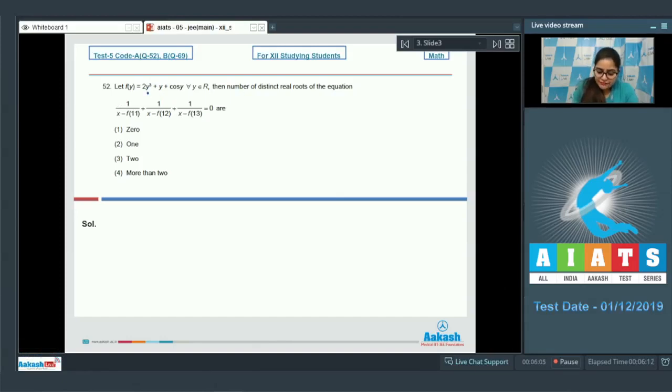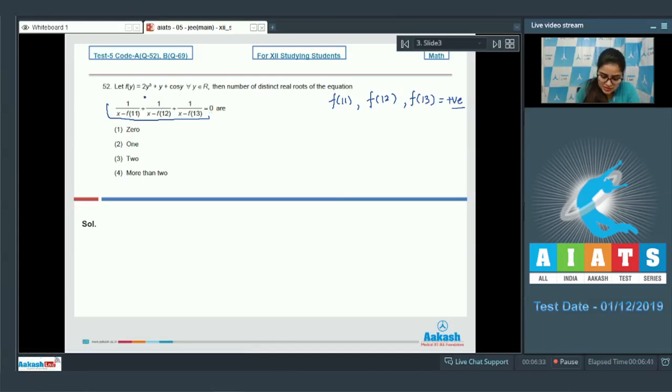See, f(y), if you substitute y as 11, is 2 into 11 to the power 3 plus 11 plus cos 11. This value is always positive. Similarly, f(12) and f(13) are always positive. So f(11), f(12) and f(13) are positive values. Now you have to find the number of solutions of this equation.